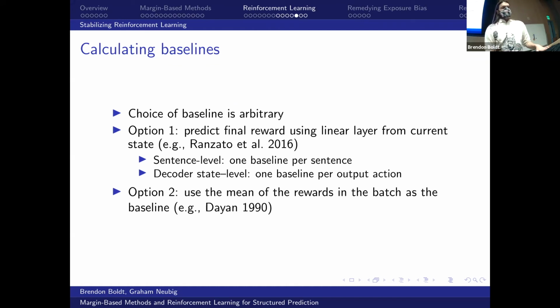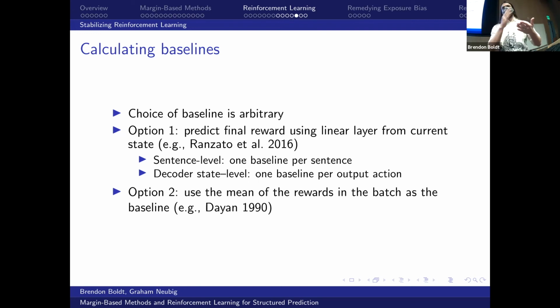You can do something similar to actor-critic models, if you've heard of those in reinforcement learning, where you predict the final reward using some simple model given the current state. You could do this at the sentence level and apply it to all the different updates at each action.